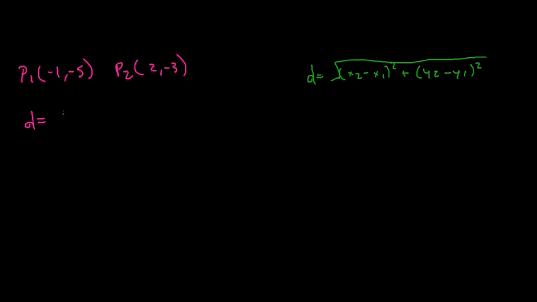So the distance is equal to our x2, which is 2, minus our x1, which is 1, squared, plus our y2, which is minus 3, minus our y1, which is minus 5, squared. Simplify.